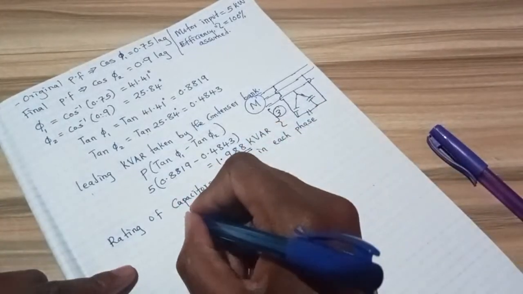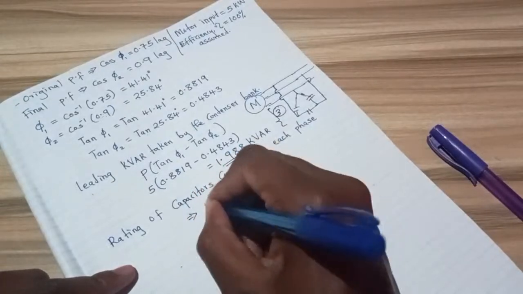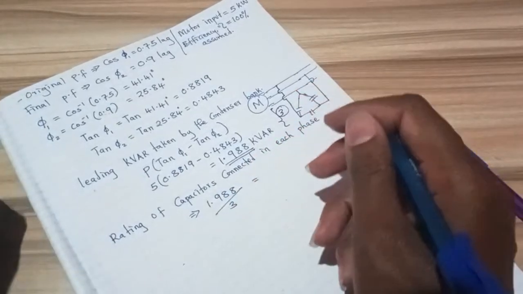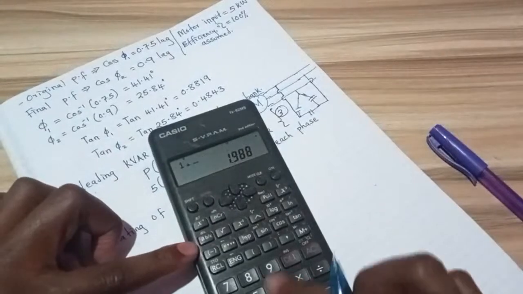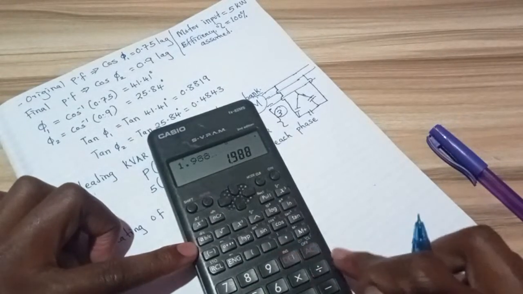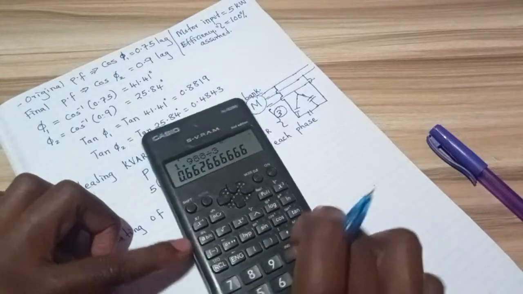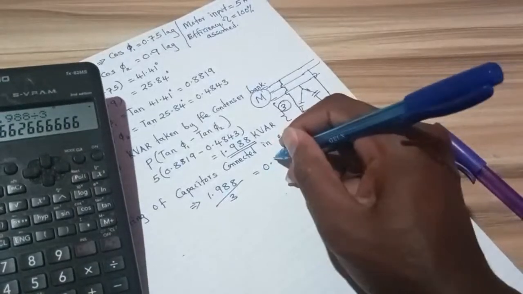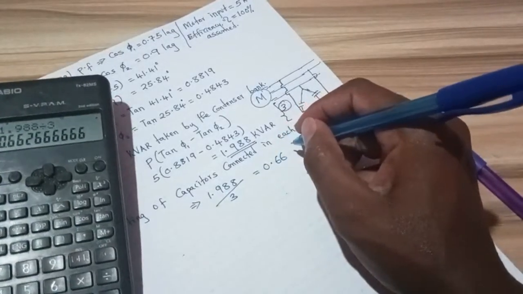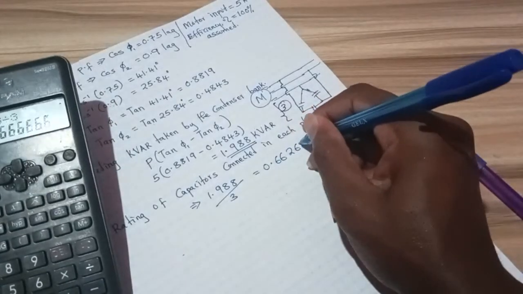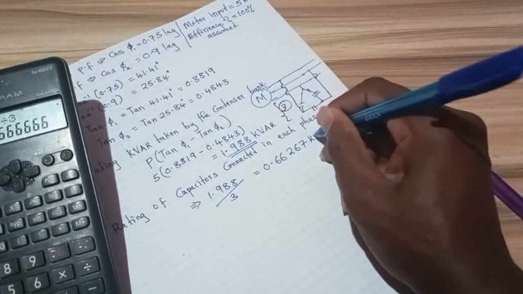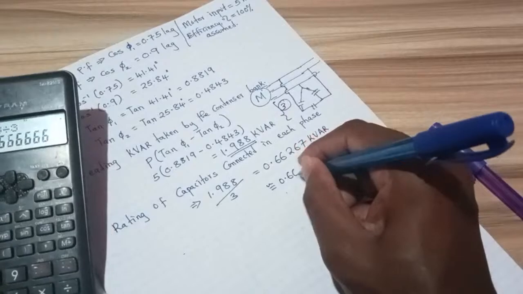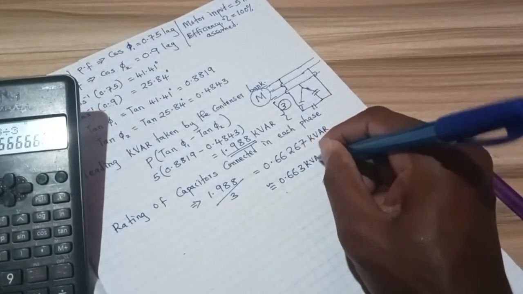So the rating of each capacitor connected in each phase is given by 1.988 divided by 3, and this gives a value of 0.66267 kVAR. So this is approximately 0.663 kVAR.